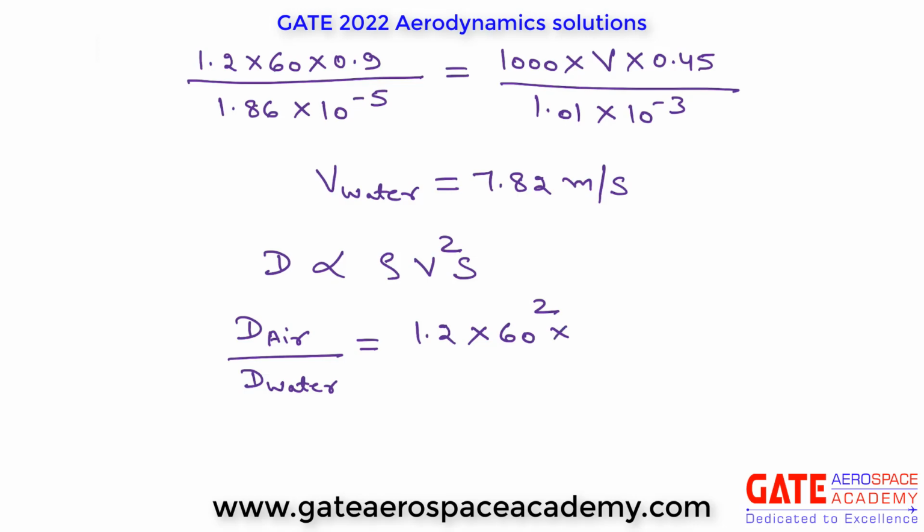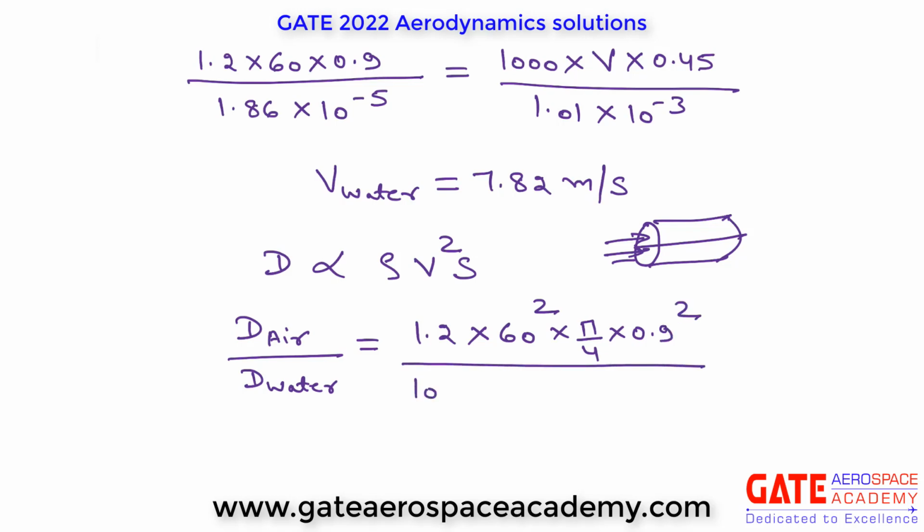It is moving axially, so this will be the area, pi by 4 d square: 0.9 square upon 1000 into 7.82 square, velocity we just got, into pi by 4 into 0.45 square.